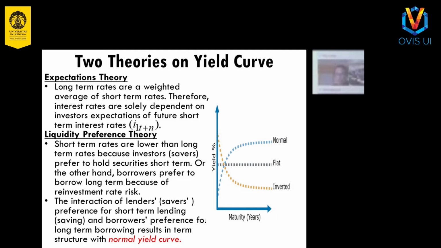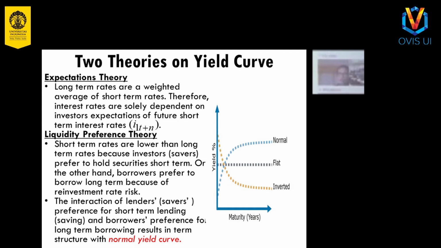Which yield curve do you think is going to happen? The normal or the inverted? Of course the inverted. Because if it is a recession, the market knows that Bank Indonesia will lower the interest rate. And vice versa. If the market believes the Indonesian economy will be booming in the future, then this is the yield curve.